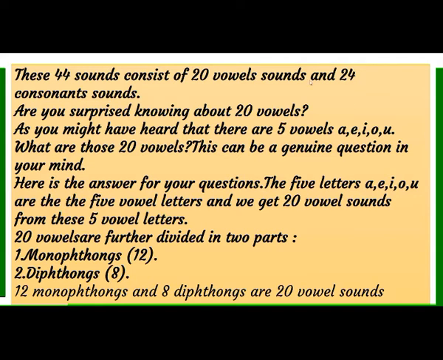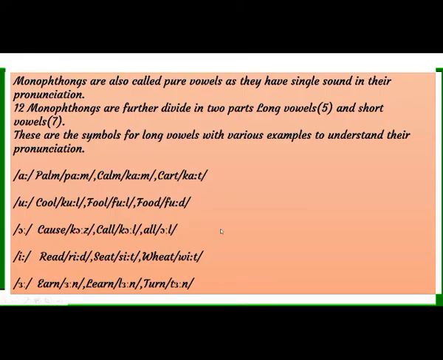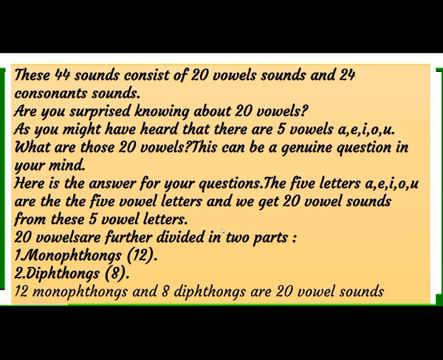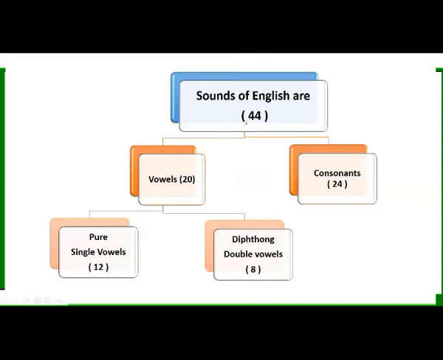Again, this slide, or the summary of this slide. I will explain it here in this diagram. We have 44 sounds in English. We can divide these into 20 vowel sounds and 24 consonant sounds.